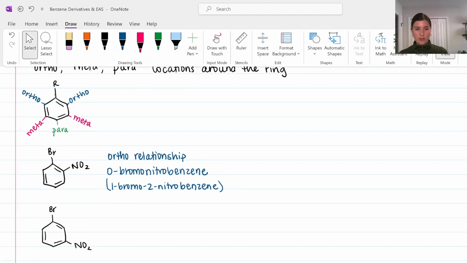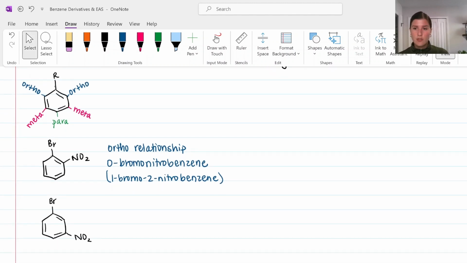This next molecule, the bromine and the nitro group are in a meta relationship.